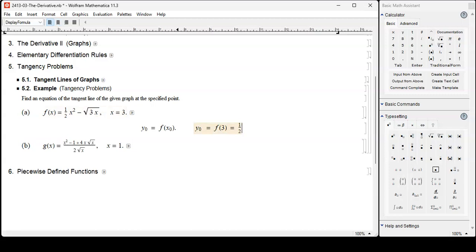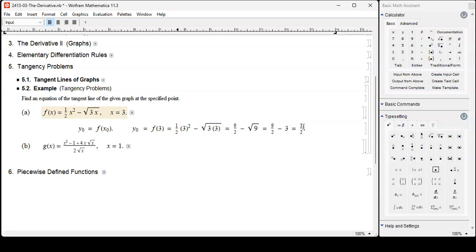We have 1/2 times 3 squared minus square root of 3 times 3. 3 squared times a half is 9/2, and then the square root of 9 is 3, so 9/2 minus 3 is 6/2, which is 3/2. So y0 is 3/2.